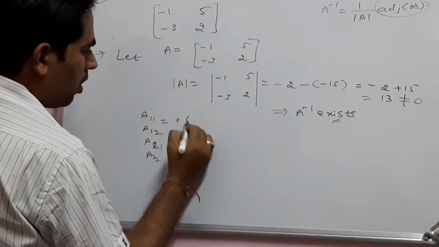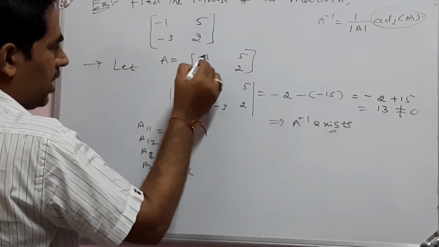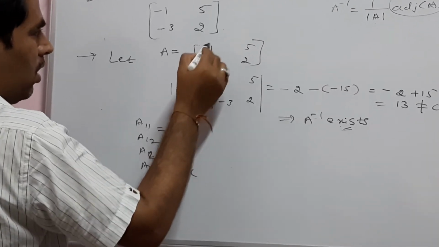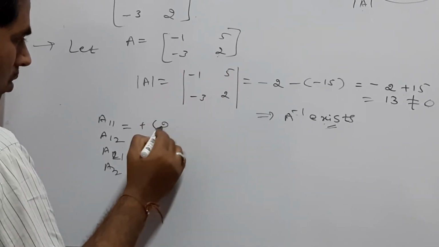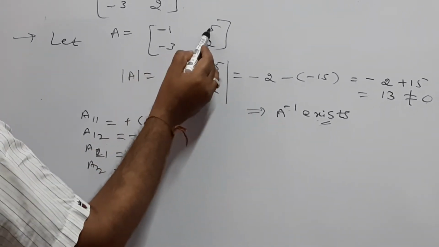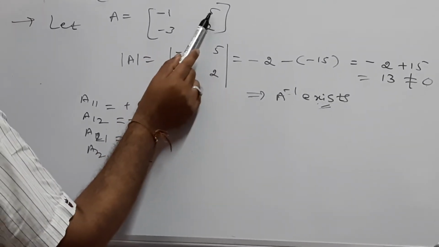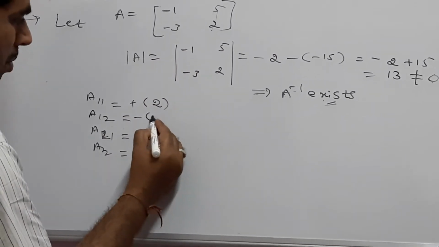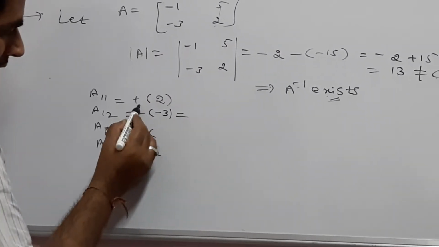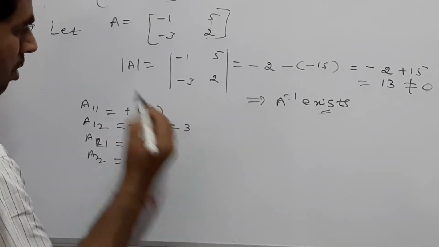First you consider this element, then you leave its row and column, so the element is 2, so plus 2. Then I consider the element 5. You leave its row and column, that is minus 3. Minus of minus 3, with the sign attached, will be 3.